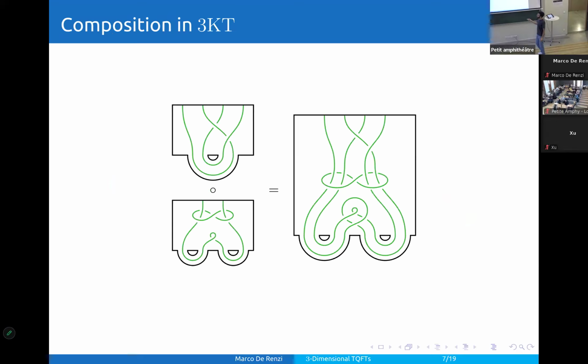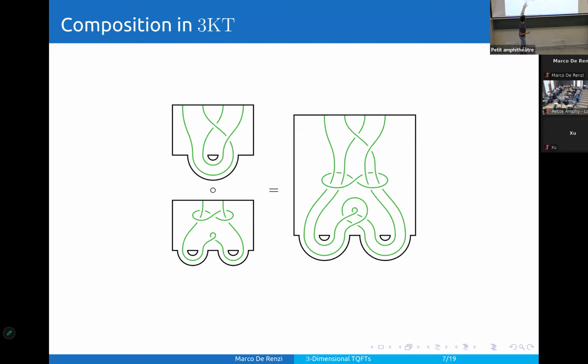So composition in this category is given by gluing pictures one on top of the other, like cobordisms glue. So what you have to do if you have a morphism from 2 to 1 like this, and you want to compose it with a morphism from 1 to 2, is you stick one picture on top of the other, but the tunnel that you have in the bottom picture should be filled with whatever is inside the handle of the top picture.